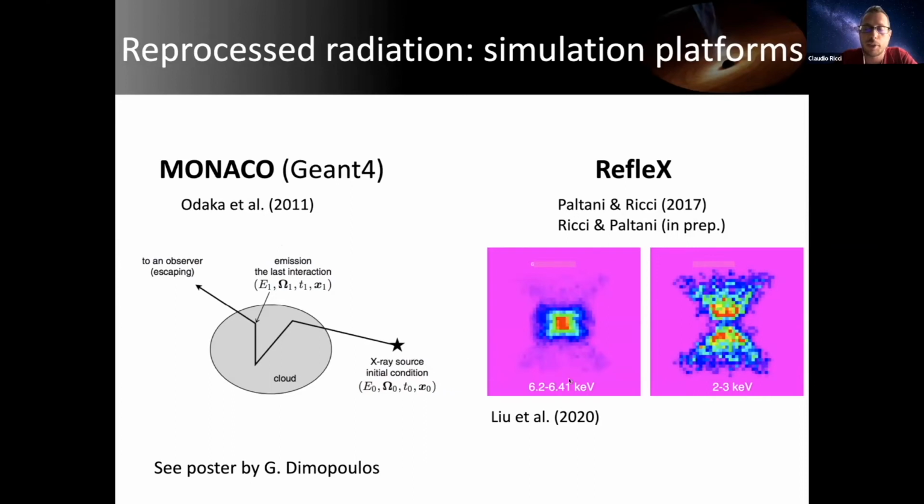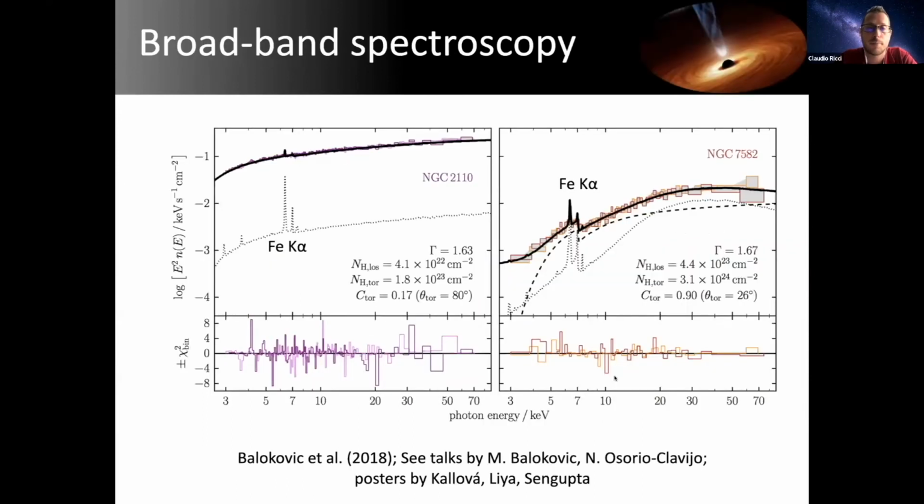And with Stefan Paltani, we developed RefleX, which also allows to use different geometries. And hopefully I'm about to submit a paper, because we have been including dust also in our simulations to make them more realistic.